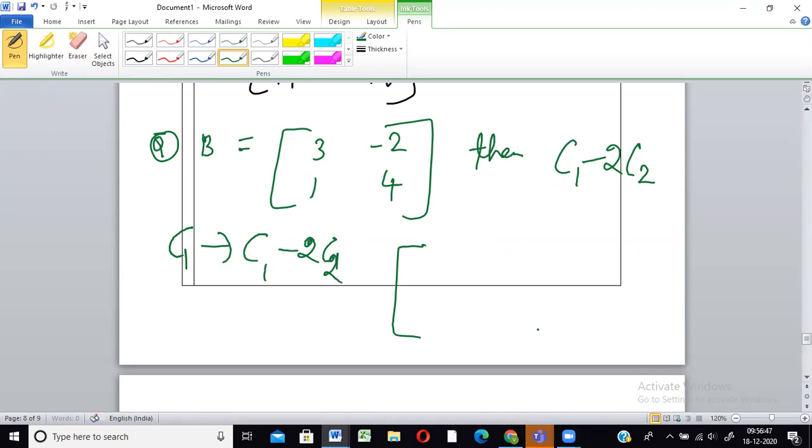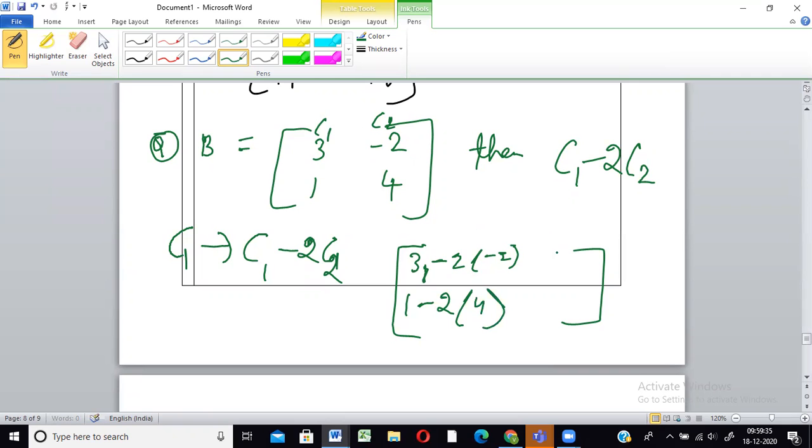C1 minus 2 times C2, this is your C1, this is your C2. So C1 only is changing to C1 minus 2 times C2, right? And C1 minus 2 times C2 is equal to minus 4 plus 4.